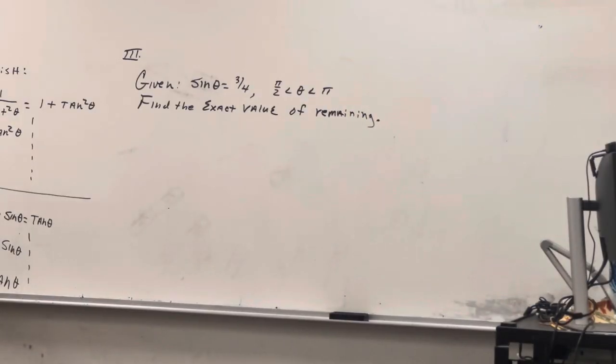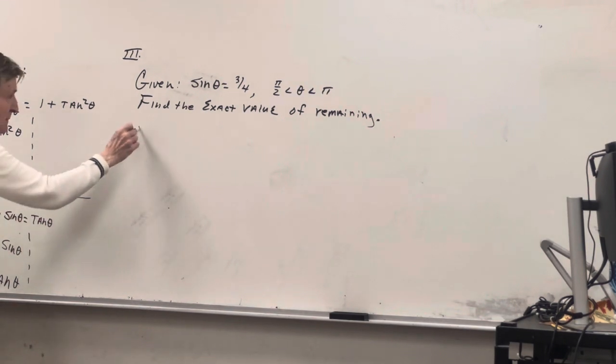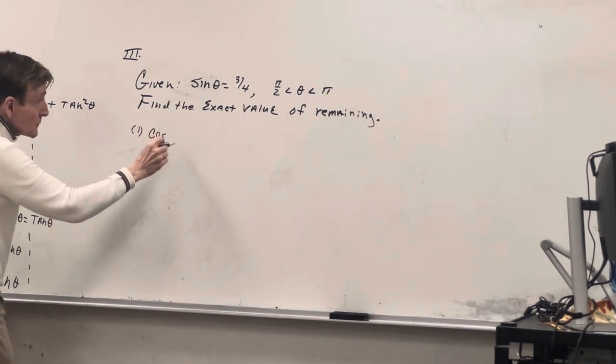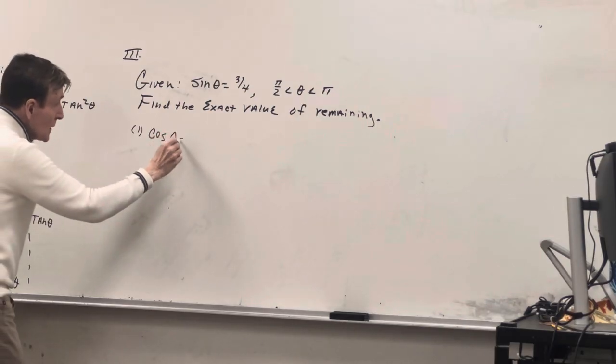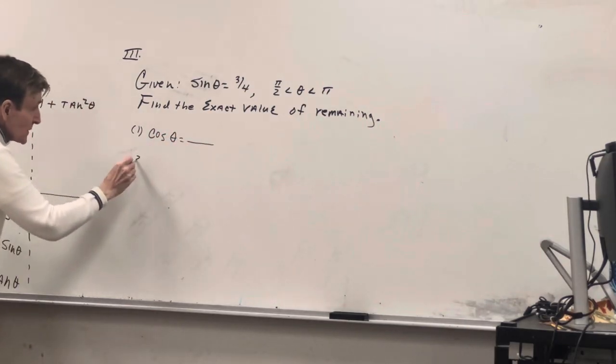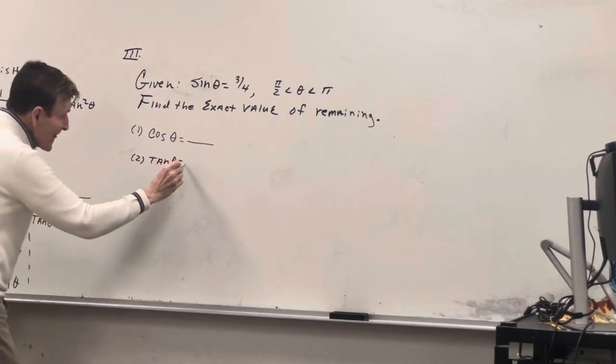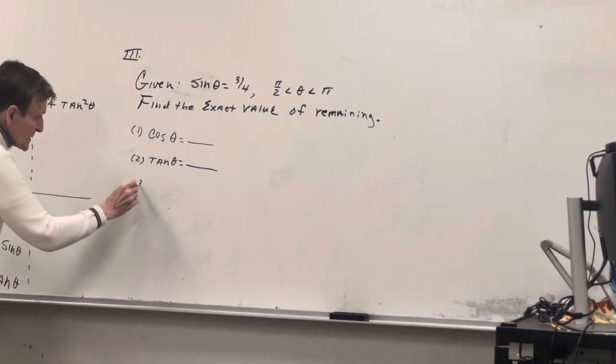So we'll give you one, and some information about it, and ask you now, can you find the other 5? I've got a list of 5 that are missing. Right now, cosine's missing. Tangent is missing. Secant is missing.